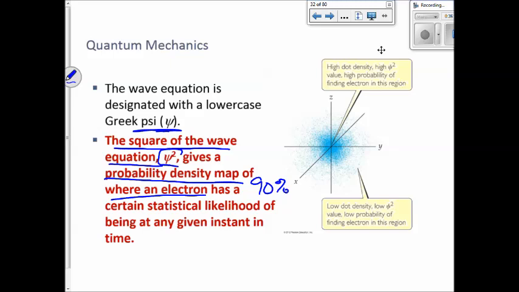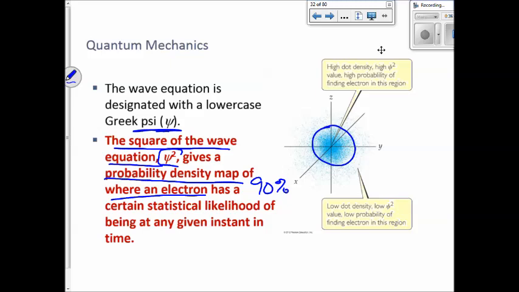If you look here, in the low dot density area the probability of finding the electron is pretty low. The high dot area is the likelihood of where you're going to find the electron, and it's forming a nice spherical shape.